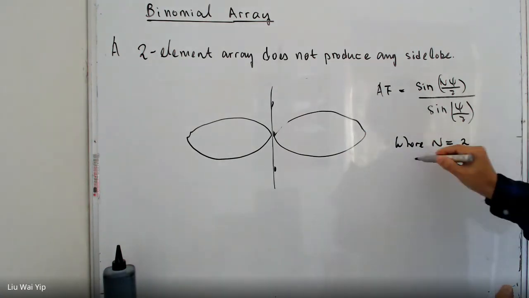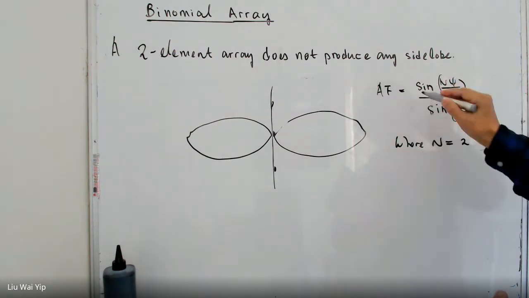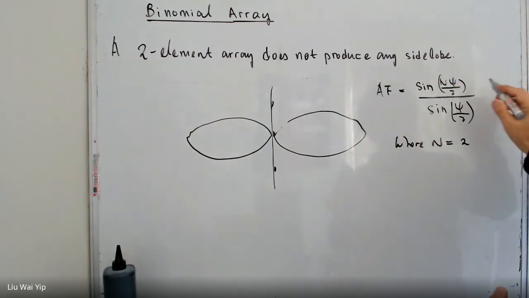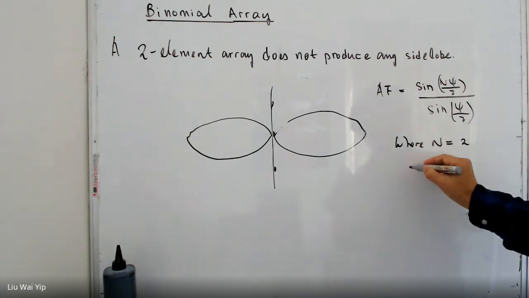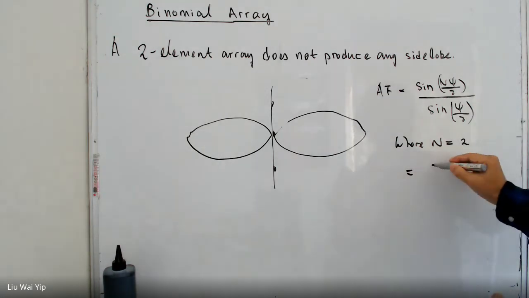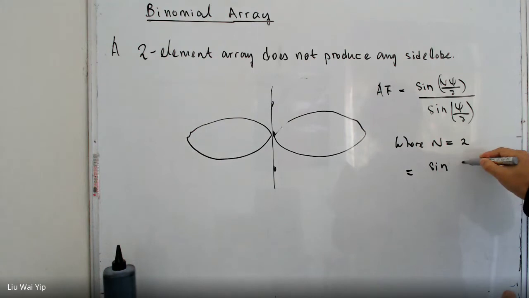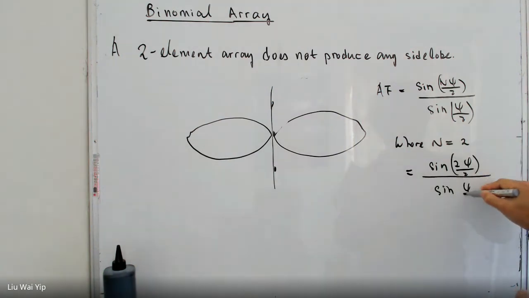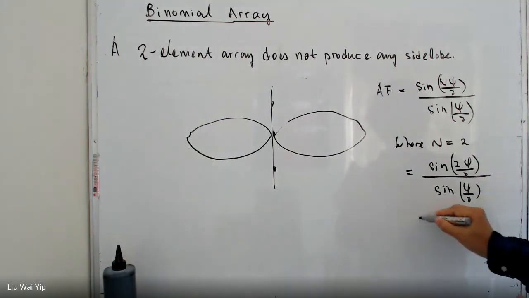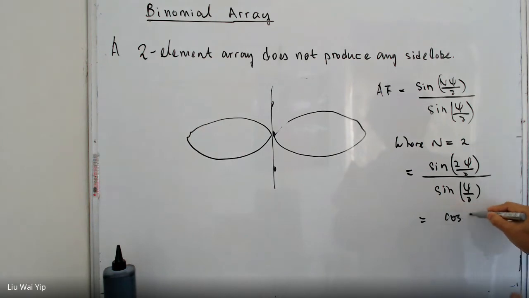So in other words, if we continue to explain this function, what we end up with here is sine of 2 psi by 2 divided by sine of psi divided by 2.